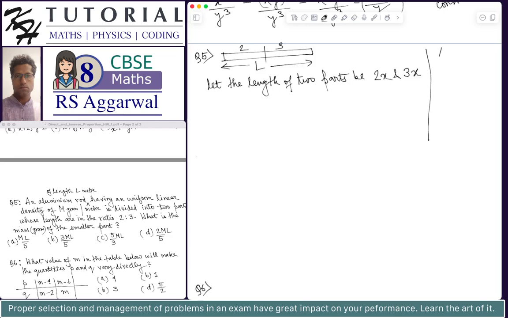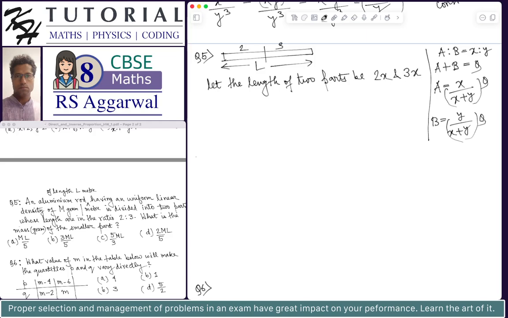If you have two quantities A and B which are in the ratio x is to y, and the sum of the values of the two quantities A and B is given as Q, then we can easily find out the values of A and B. A will be equal to x, the part corresponding to A in the given ratio, divided by the sum of the parts x plus y, multiplied by the sum of the two values, that is Q. So this is A, and B is similarly y by x plus y multiplied by Q.